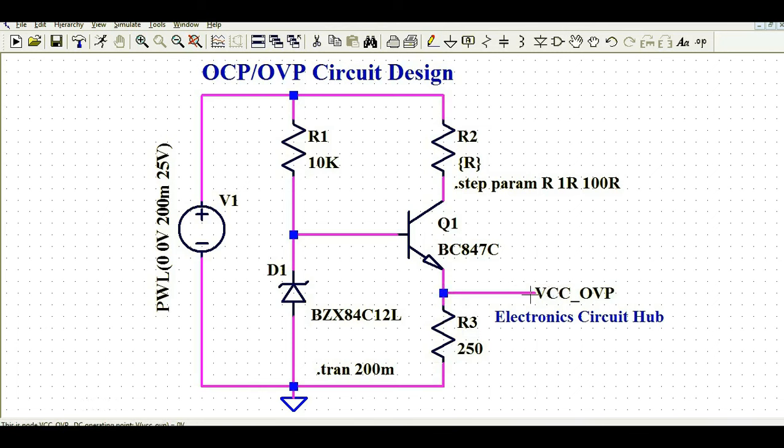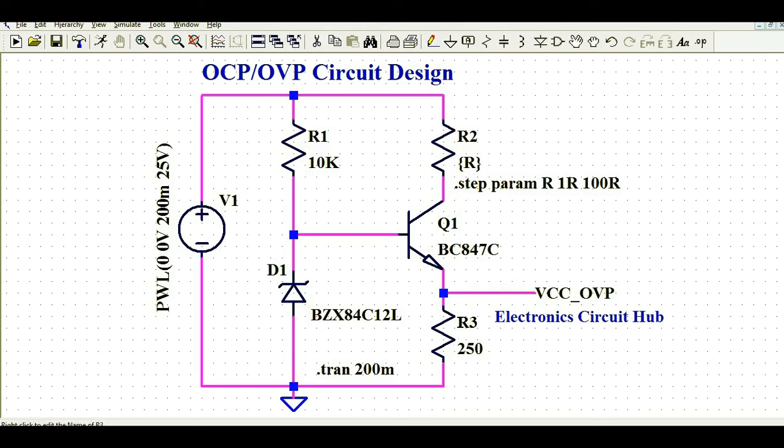This I have named VCC OVP, and irrespective of the change in the load resistance and the change in the line voltage, let us see whether you are getting a constant voltage and a constant current, constant voltage across R3 and constant current across R2 and R3.